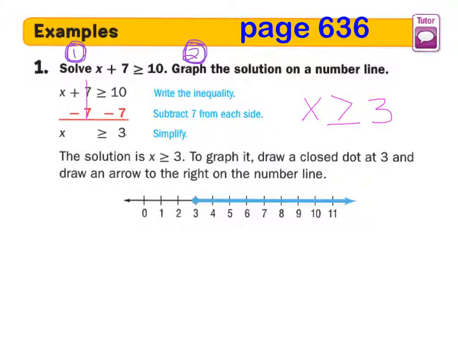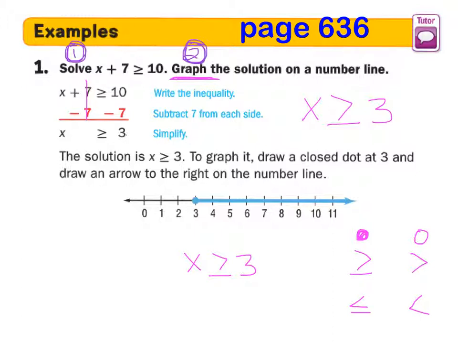Now they would like us to do the second part, where they're asking us to graph it on the number line. So x is greater than or equal to 3. Remember, we use a closed circle for greater than or equal to, as well as the less than or equal to sign. It's an open dot for greater than or less than signs.